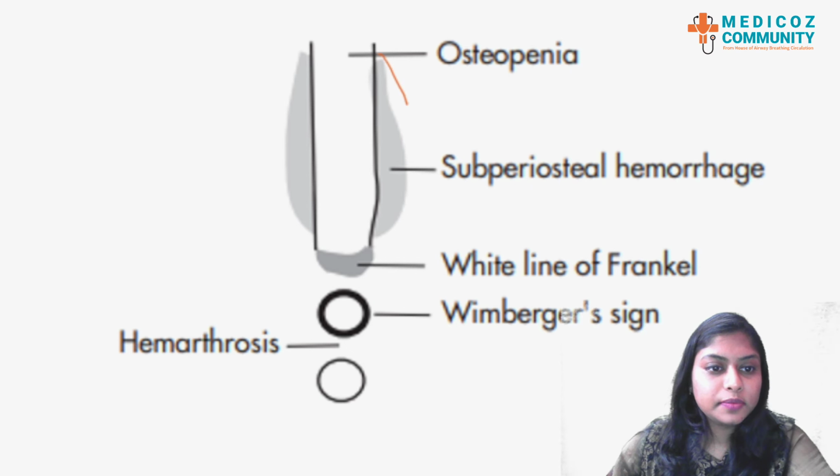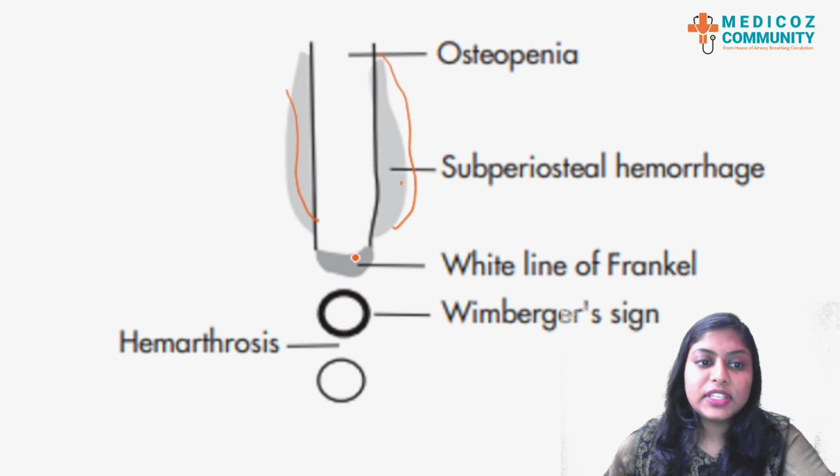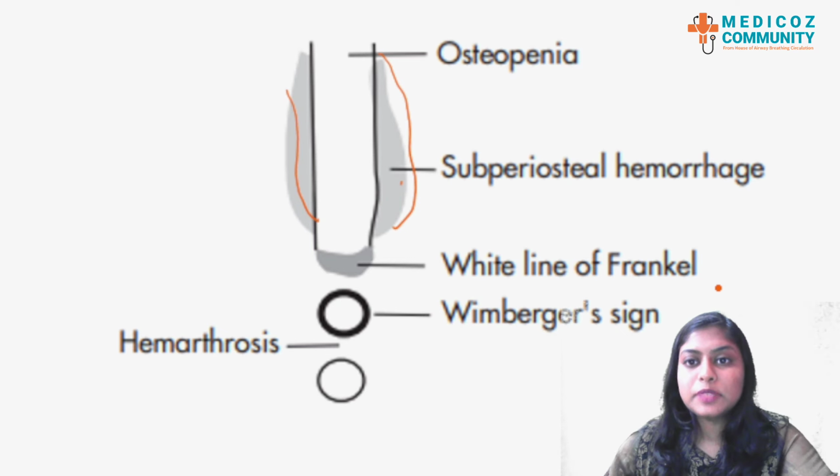This is the periosteum, and this is the hemorrhage surrounding it. And this is the white line of Frankel, which is a very dense line, and the epiphysis shows an opaque line surrounding it, and there will also be hemarthrosis because there is a bleeding tendency in scurvy.